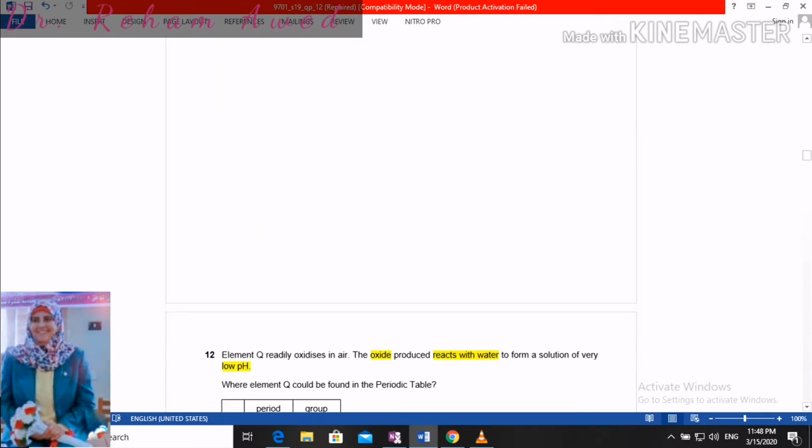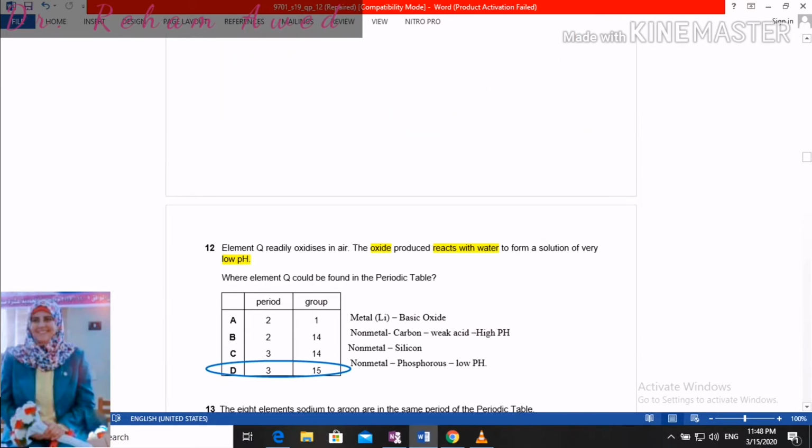Next question, question number 12. Element Q readily oxidizes in air. The oxide produced reacts with water to form a solution of very low pH. Where could element Q be found in the periodic table? We will start to check each one of the choices.